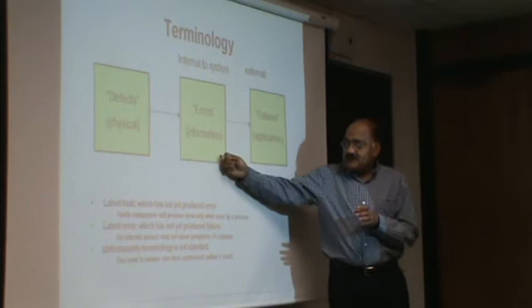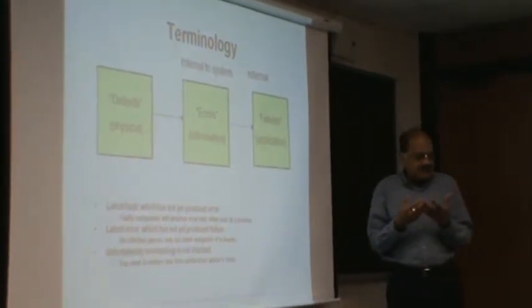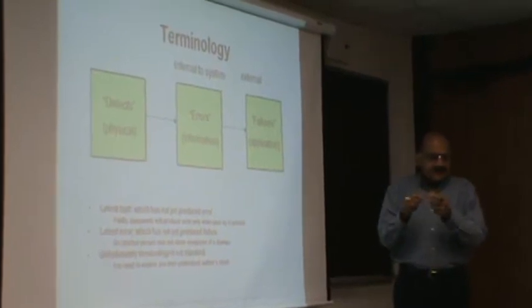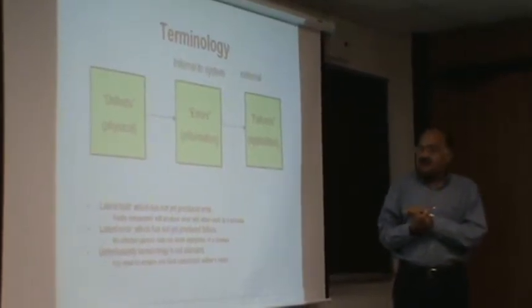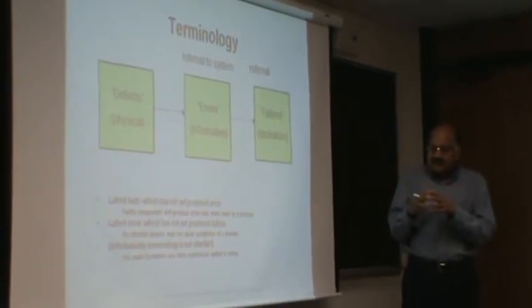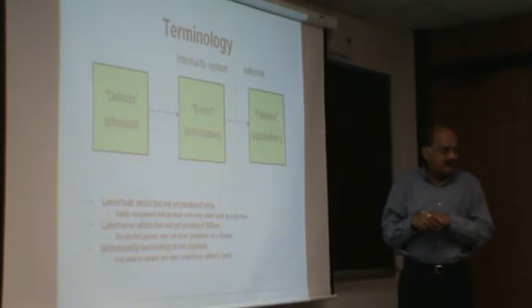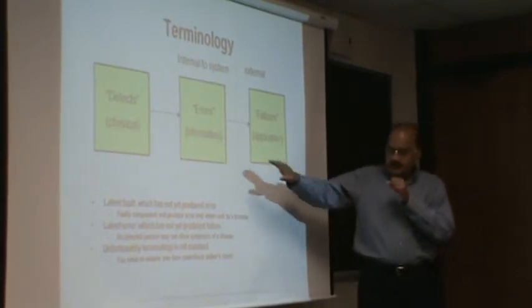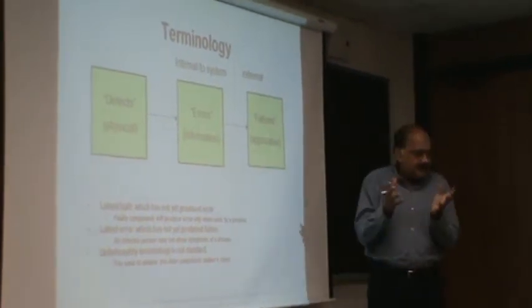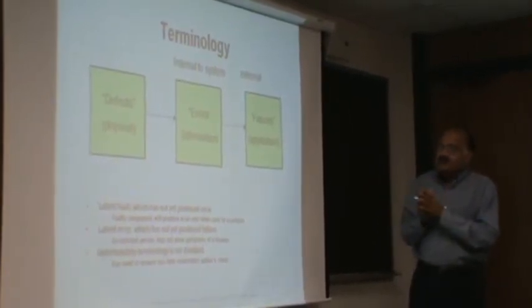An error is the bad information that arises as a result. So a bit gets flipped in a computer, that's an error, or a program is running but the value of some variable is incorrect because of some incorrect computation. So we call that error in information. So defects give rise to errors.